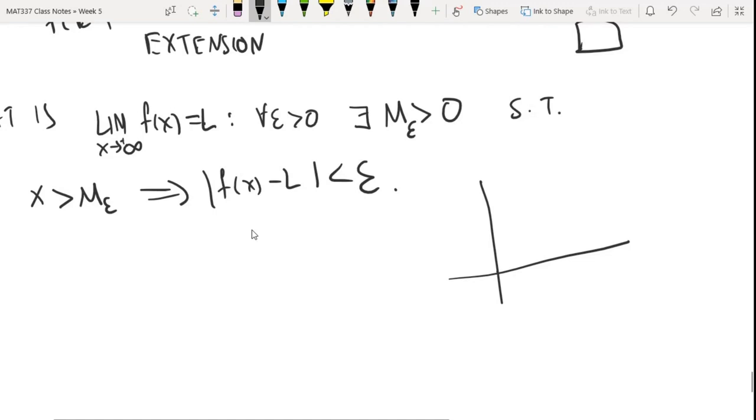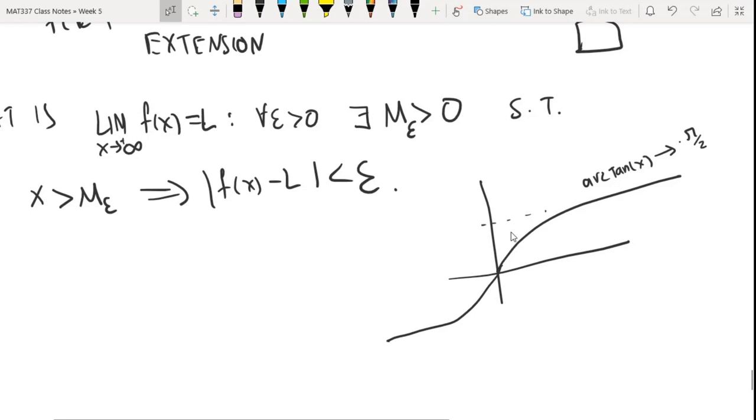That's a nice example. Arctan of x goes to 1, maybe it's pi over 2. I don't remember. Okay, it's pi over 2. No, 1 over x is not continuous. We're talking about continuity here. And then x goes to infinity.